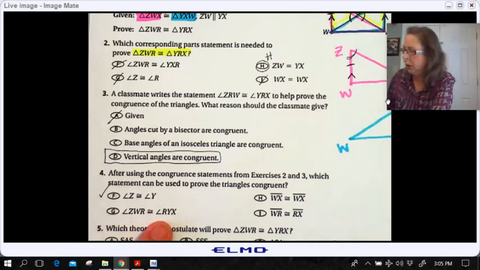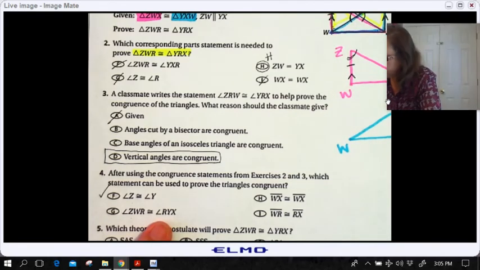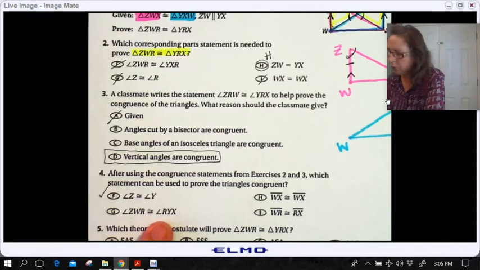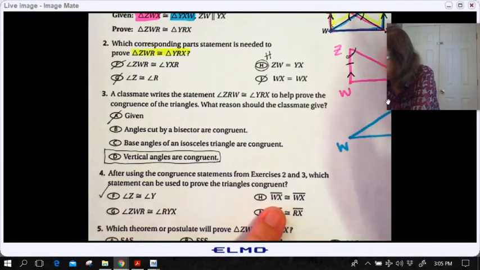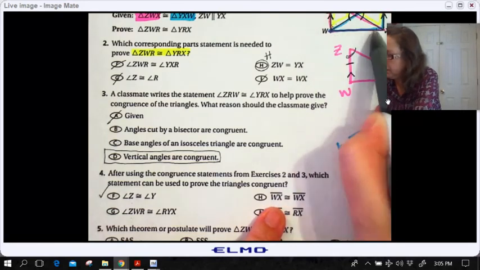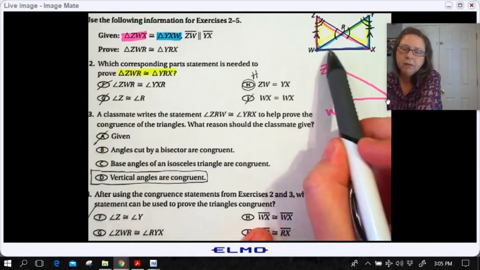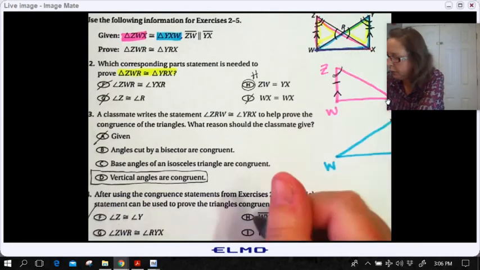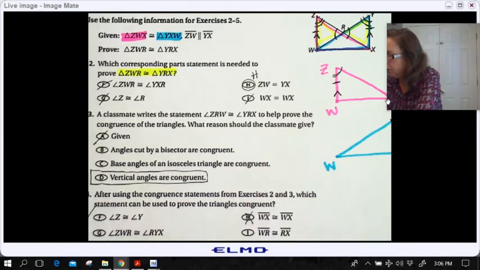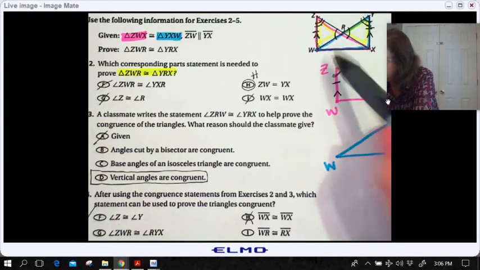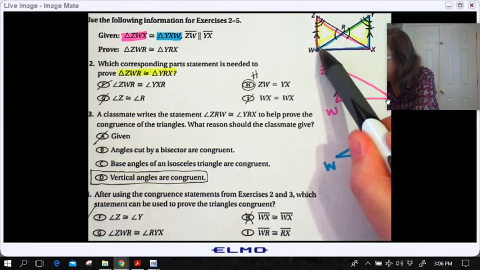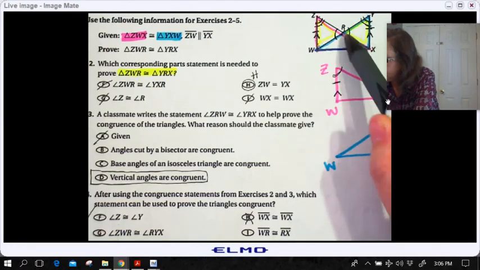Okay. What about WX and XW? Yes, those are congruent. However, that's not going to help me either because it has nothing to do with those yellow triangles. What about WR and RX? Would that help me?